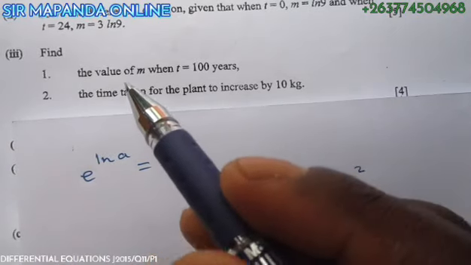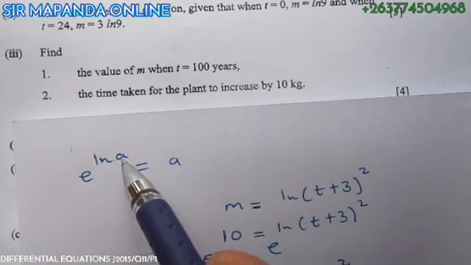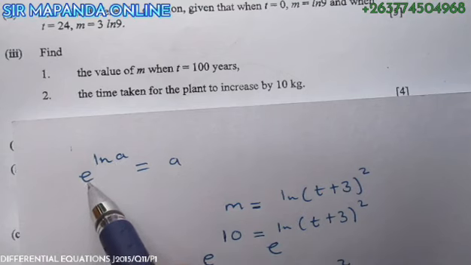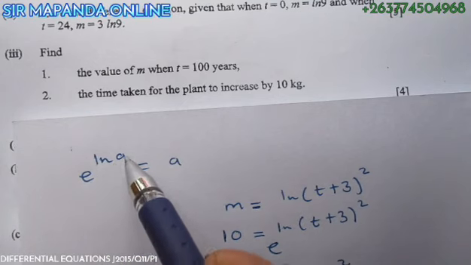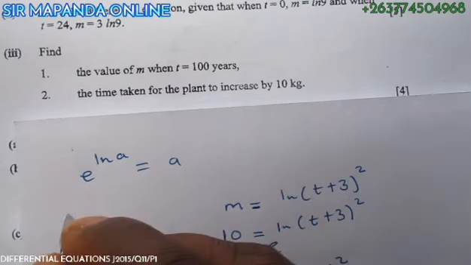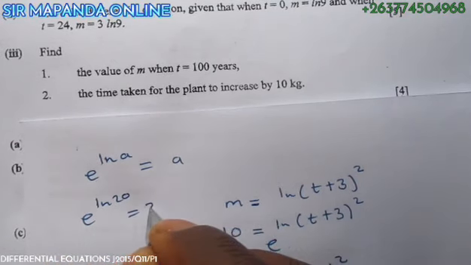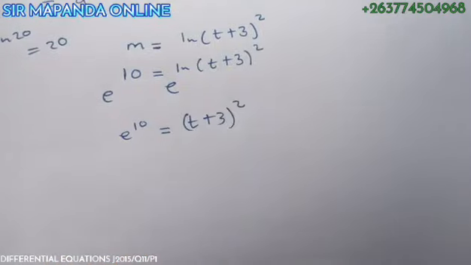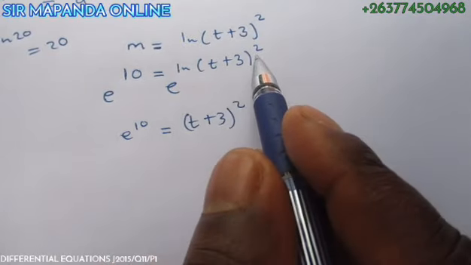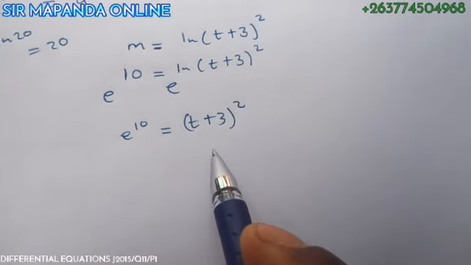If ln is a power of an exponential, the answer is the number in front of the ln. Like if you have e to the power of ln 20, your answer is 20. So e to the power of ln (t plus 3) squared, you get (t plus 3) squared.